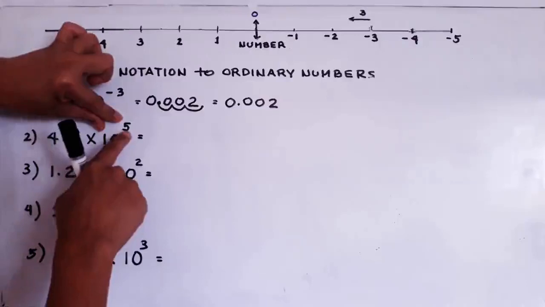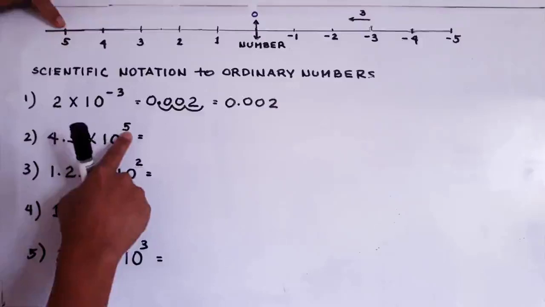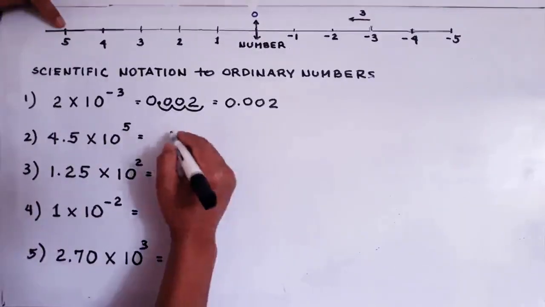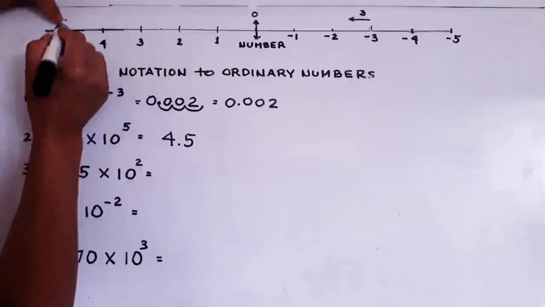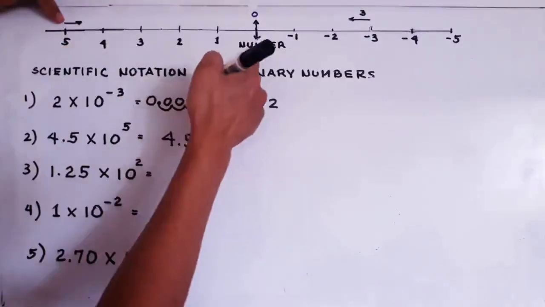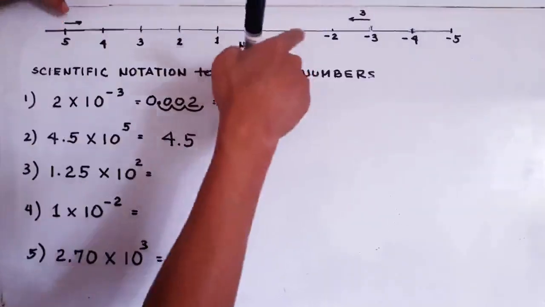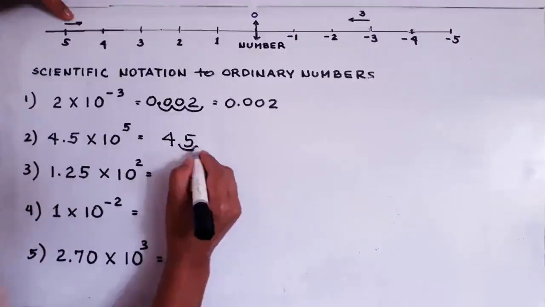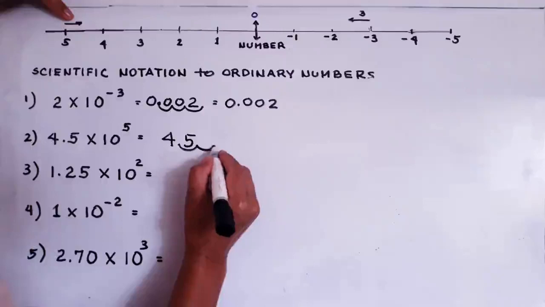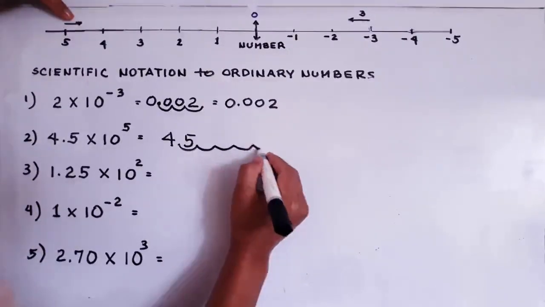Okay, let's have 4.5 times 10 to the 5th here. Find the 5, positive 5. Oh, it's here. So what are we going to do with the 4.5 here? We're going to move the decimal point of this one to the right, so that we reach the number here. How many? 5, to the right. So we are going to move to the right: 1 first here, 2, 3, 4, and 5.